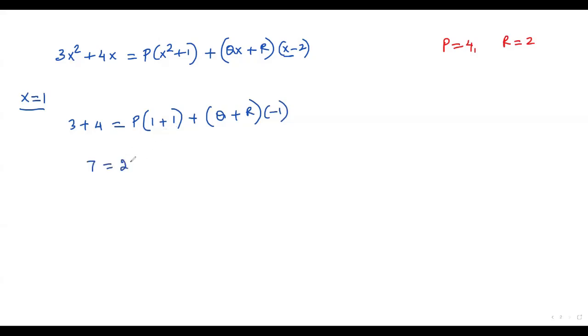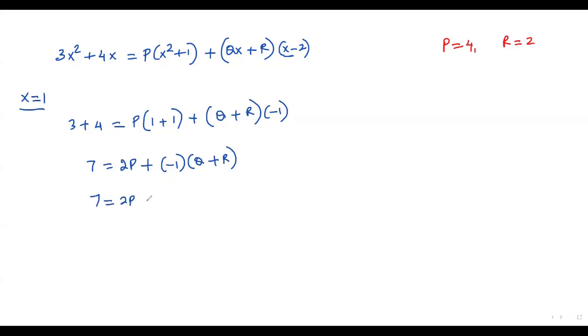2 times p is 2p, and we can write this negative 1 in front of this. Then I am getting a positive of negative 1 times q positive r. Here we have the product of q positive r and negative 1. Since multiplication is commutative, I write this negative 1 first and then q positive r next. 7 equals 2p.